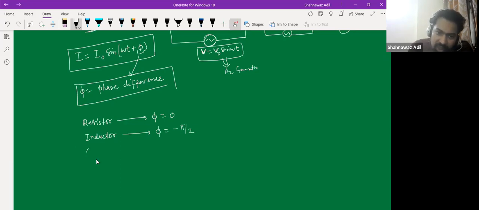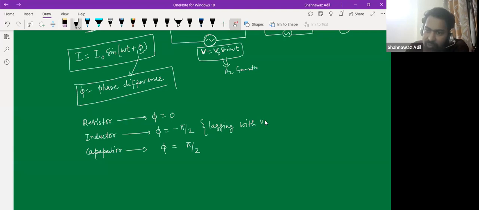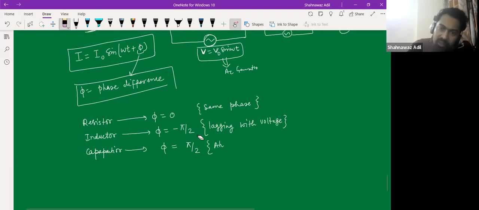For the case of capacitor, the current is leading by pi by 2. So in here, this is lagging with voltage. This is same phase, and this is ahead, leading.